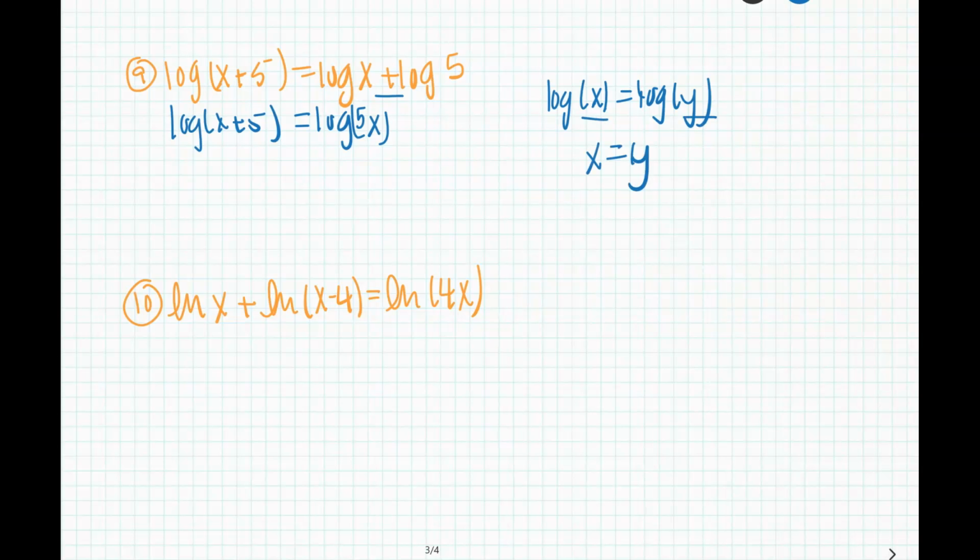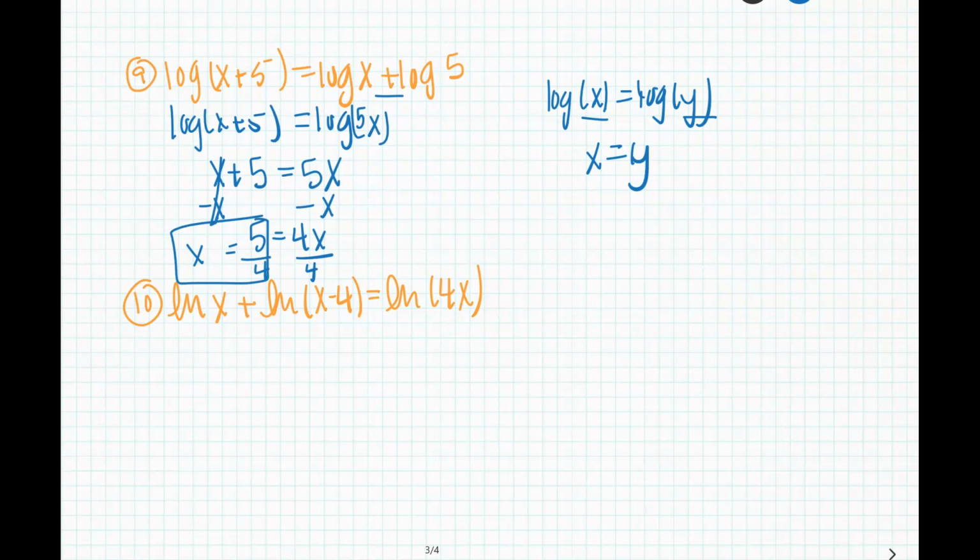So you basically can drop those logs. And so I'm going to say x plus 5 is equal to 5x. Then we'll solve it out. So minus x. So 5 is equal to 4x and divide by 4. And so a little bit nicer there than number 8.